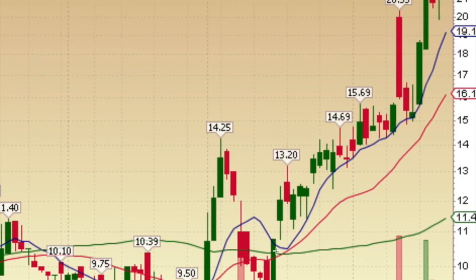Look how the MA8 and 21 ride along with it. If you were to get into this trade, besides potentially using $20.35 as your stop loss, you can use 19.19 or the MA8 as your potential support. I would definitely not use 16.12 as another support, or 11.43 on the MA100, because you'd be losing out on a lot of profit.